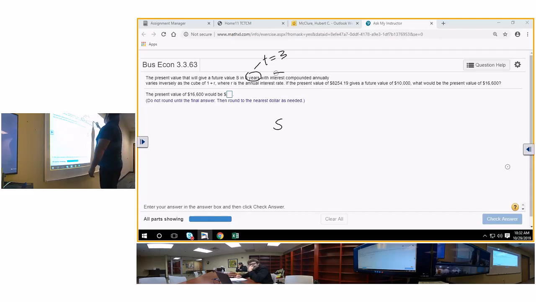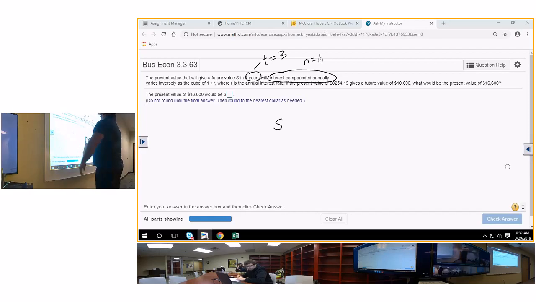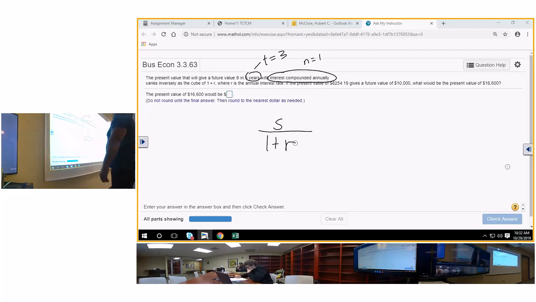Interest compounded annually, so N is equal to 1. Varies inversely, so that's going to be S over 1 plus R raised to the 3rd power, where R is the annual interest rate.